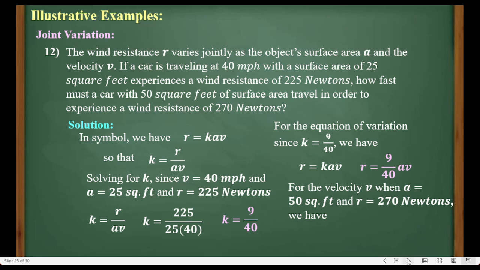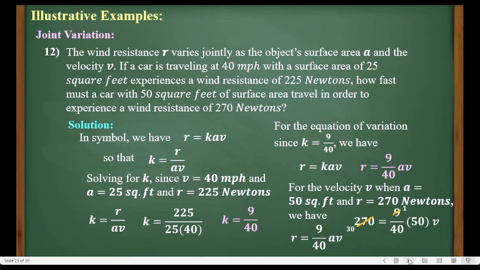So to compute for the velocity, taking this equation, we plug in the values of r and the surface area. So this will now be the equation. You just transform this equation solving for b. We have, of course, you just cancel the common factor of 270 and 9, and what will remain from this equation is what? 30 and 1.